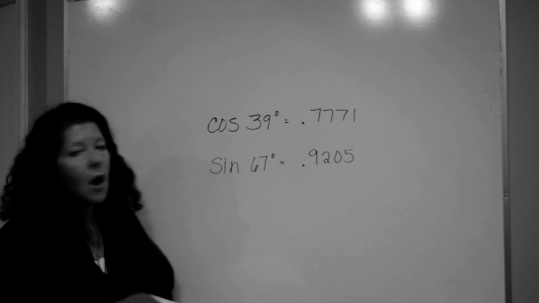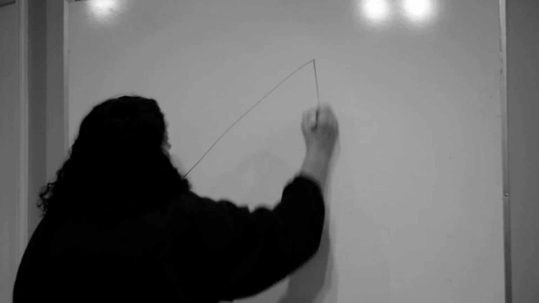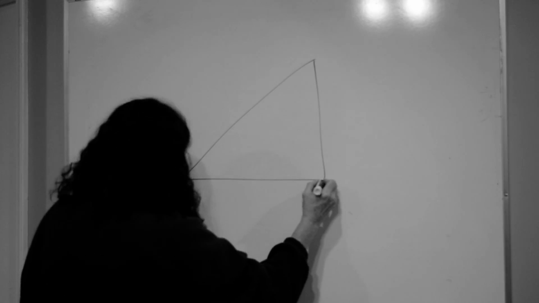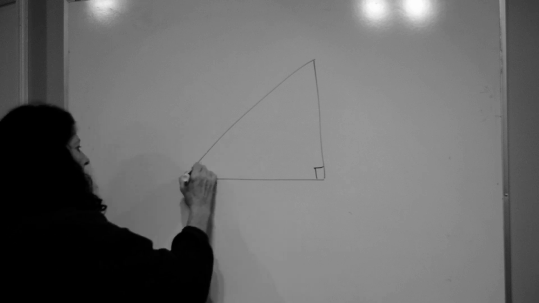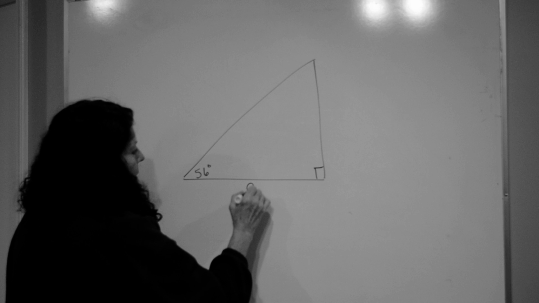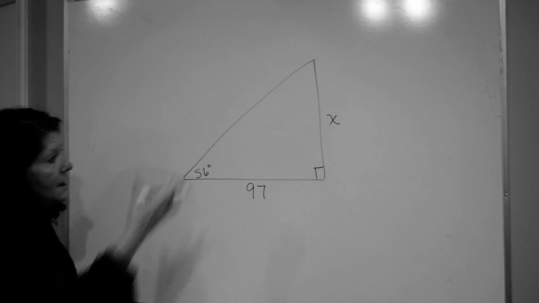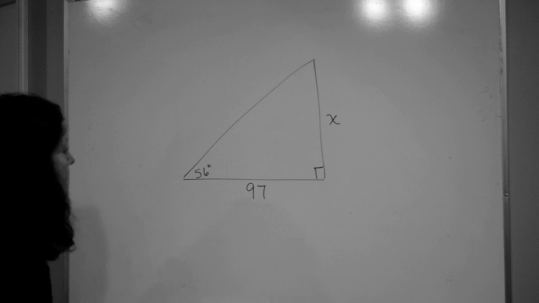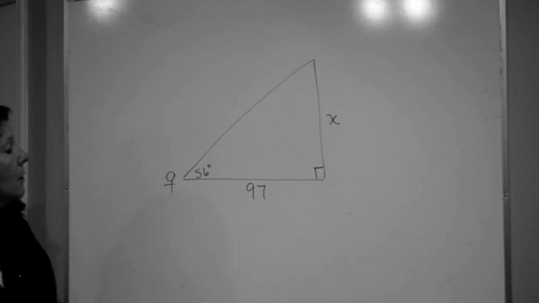You can use all this trig stuff to find unknown parts of a triangle. So, for instance, let's say I have this triangle, and they tell me that I want to solve it. So, I've got 56 degrees here, and maybe this time you know that side, and you don't want to solve the whole triangle. Let's say you just want to solve for x. So you go, I'm standing right there because I know that angle.